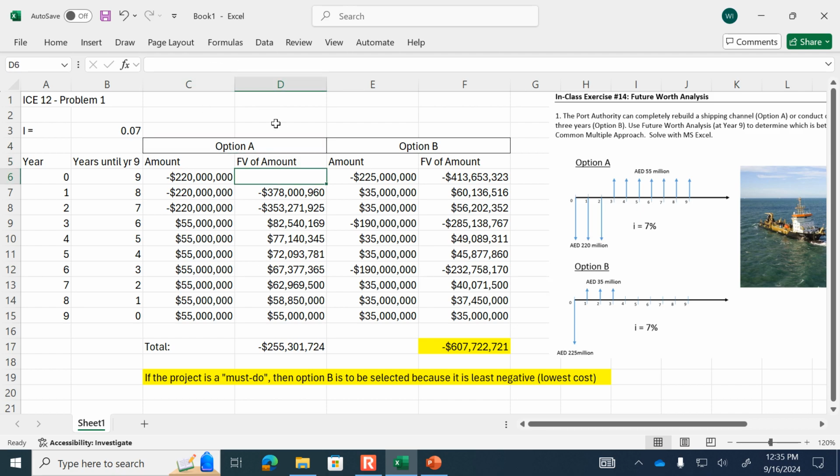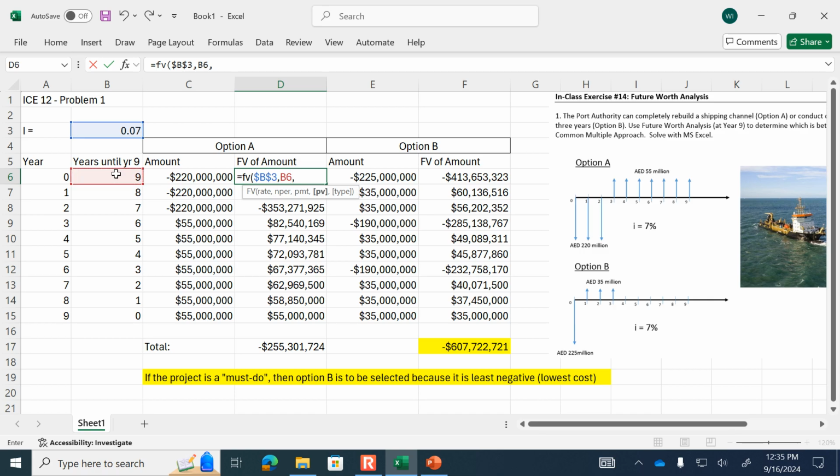So the formula is equals FV, parentheses, click on this, the number for the interest rate, and F4 to anchor it. For the NPER, it should be this secondary time, because that's how many years into the future we want it to compound the amount.